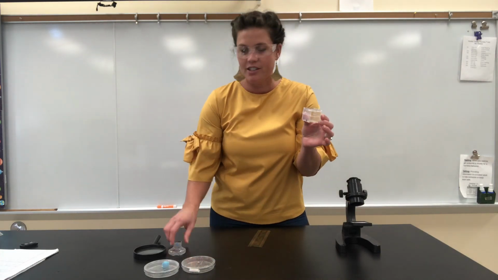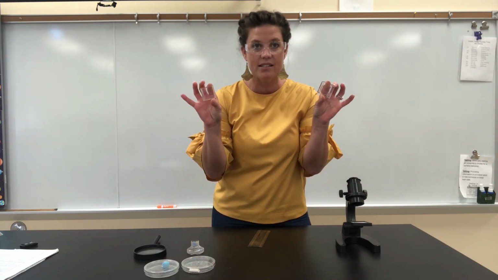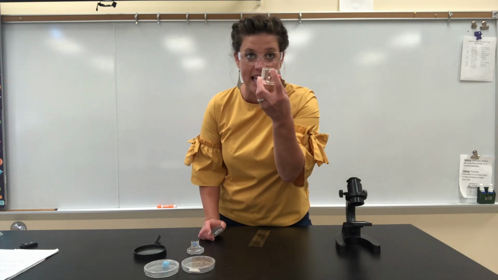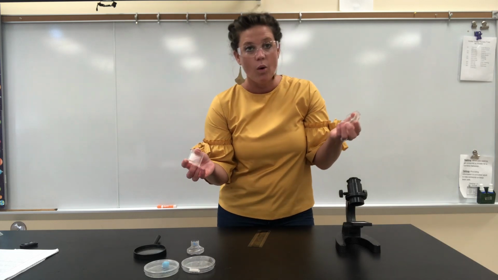This is very similar to the hand lenses. This magnifying box is just a clear box, but the lid has a hand lens, a magnifying glass in it. So this would be used for something that could roll away or crawl away.